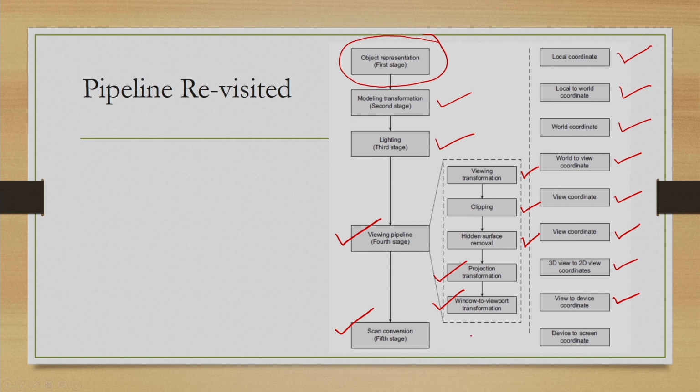In this stage, we render the scene in the device coordinate to an image on the screen coordinate. That transformation takes place in this last and final phase of the pipeline. Among these 5 stages, today we will start our discussion on the first stage, that is object representation.